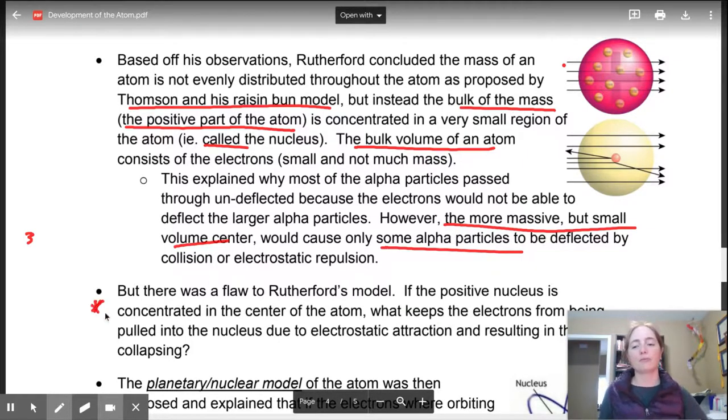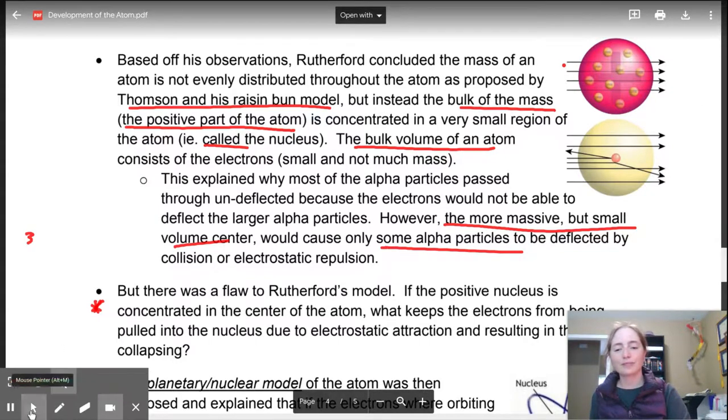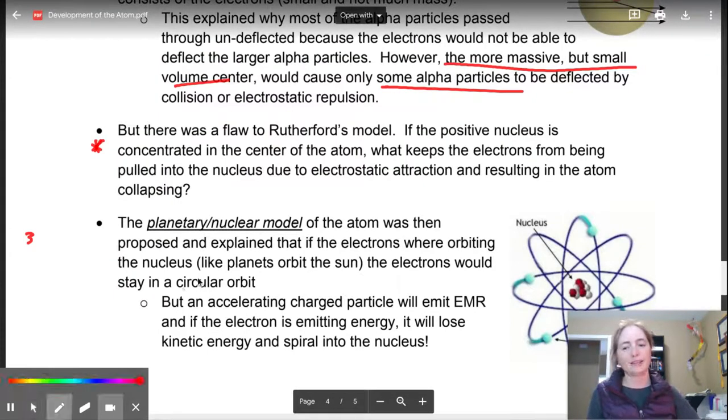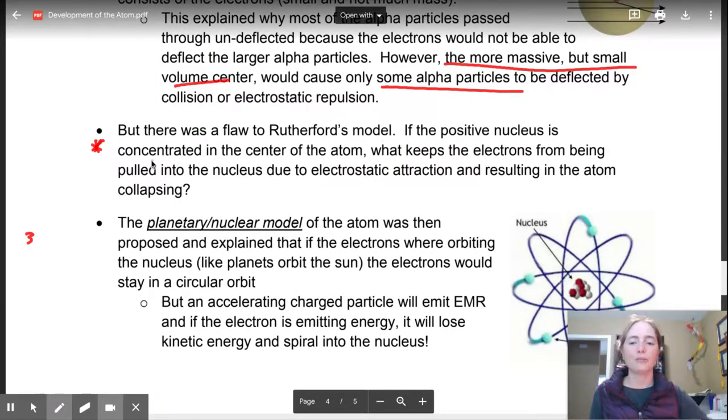Now, there's a big flaw in Rutherford's model, ladies and gentlemen. The big flaw is that if a positive nucleus is going to be concentrated around the center of an atom, what's going to keep the electrons from being pulled into the nucleus via electrostatic attraction? So that was an issue.